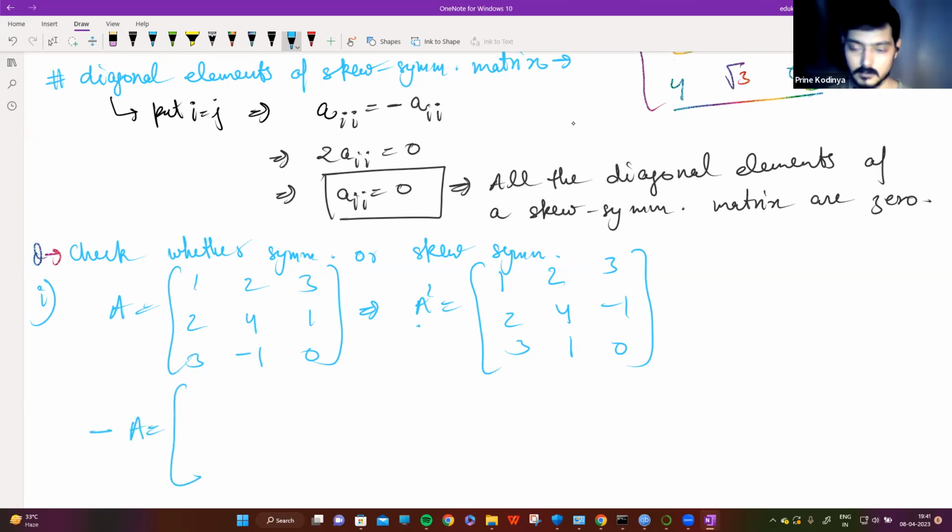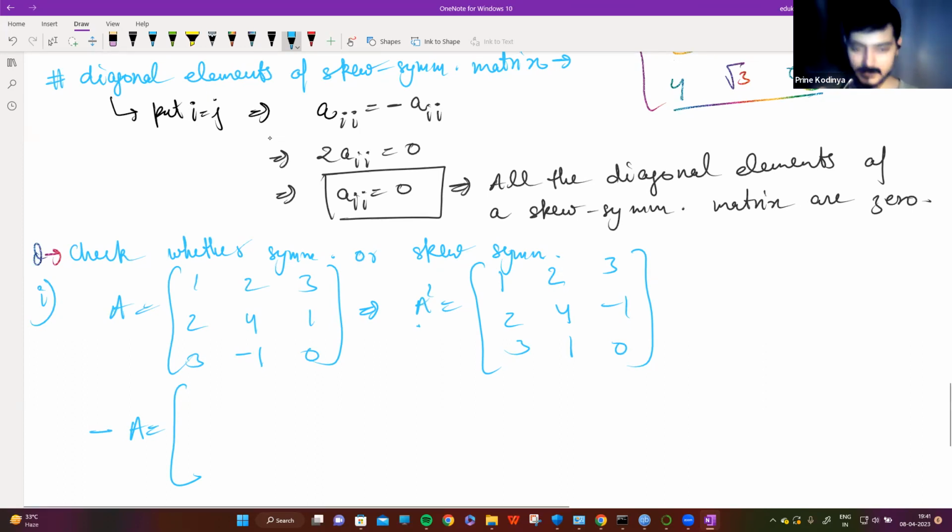Every element will get multiplied with minus, right? So to check whether a matrix is symmetric or skew symmetric, we simply take its transpose and check whether we got the same matrix or not. Simple.